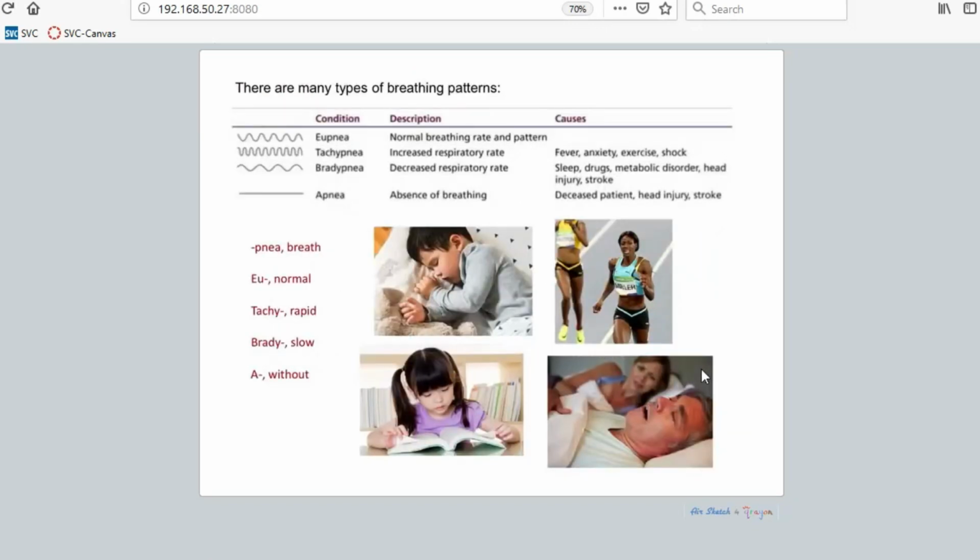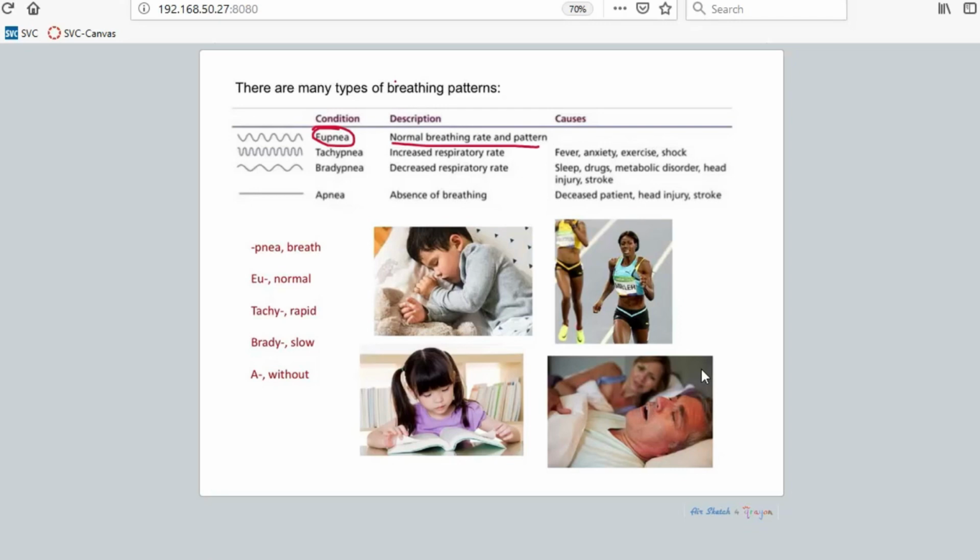All right, there's lots of different types of breathing patterns. We're going to talk about a few of these under different situations, but the one we should start with is called eupnea. This is your normal breathing rate and your normal breathing pattern, your unconscious breathing rate, your unconscious breathing pattern.